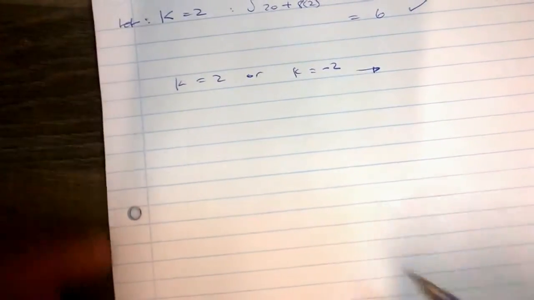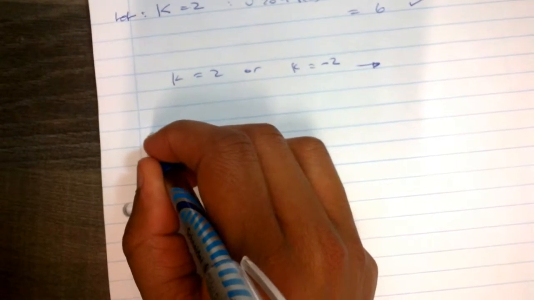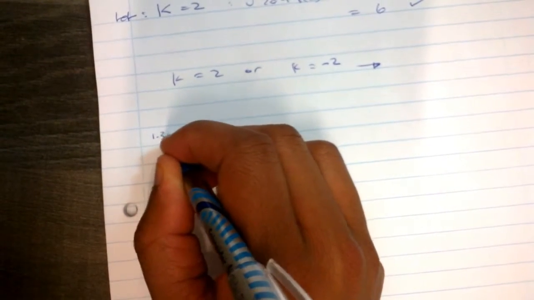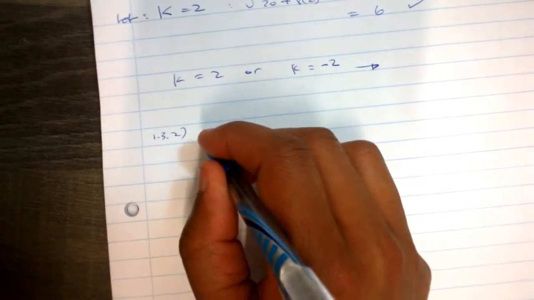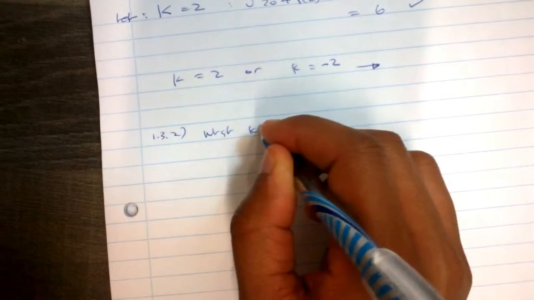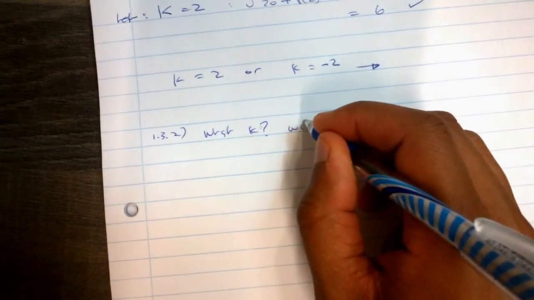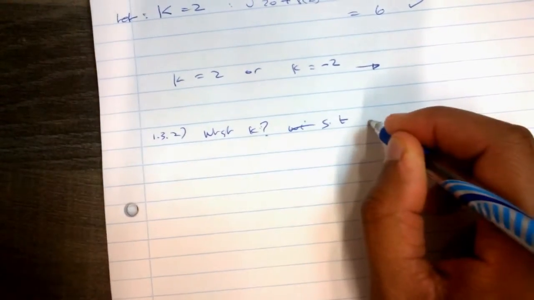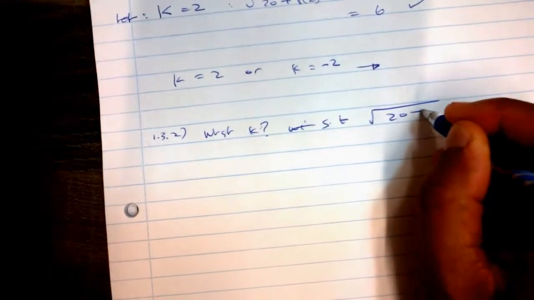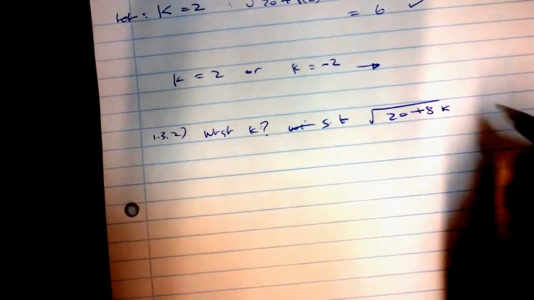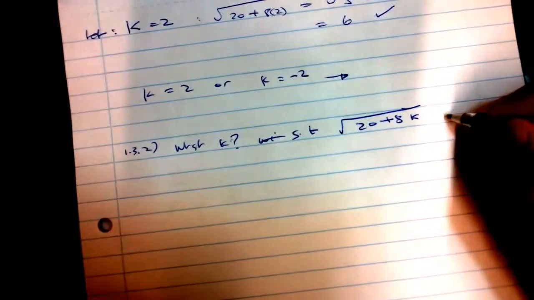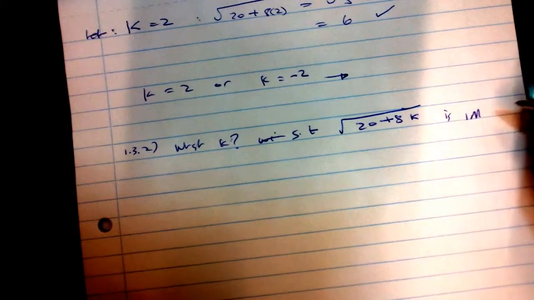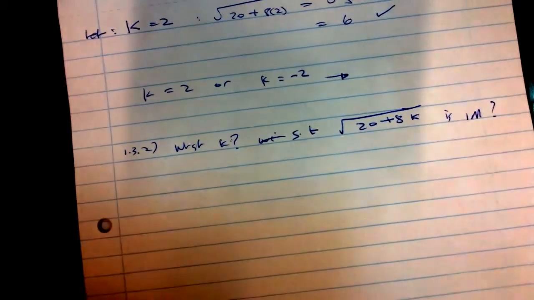That statement is equivalent to us finding what k such that root of 20 plus 8k is imaginary, is an imaginary number.